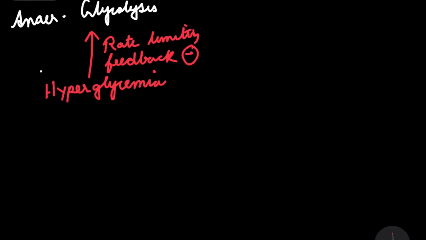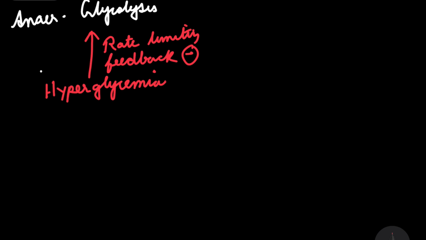So, in case of hyperglycemia, there is a lot of substrate for glycolysis, too much. Then this excess of glucose will lead to rate limiting feedback inhibition of the glycolysis. Now, mind you, 80% or even more of the metabolism was through glycolysis.